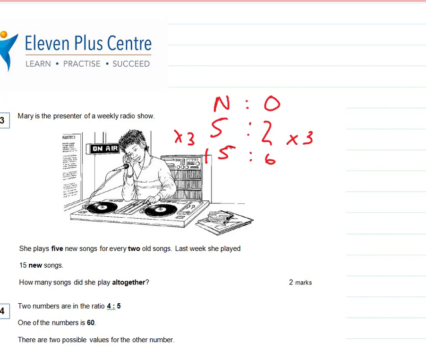So altogether means the 15 new songs and the 6 old songs. So if you add these up, you get 21. And that's the correct answer. Okay, so some of you lost marks. In fact, I don't think you got any marks if you just wrote 6, because you weren't answering the question, although this was an important step in finding out the answer. Okay, so please be careful when you are reading the question.